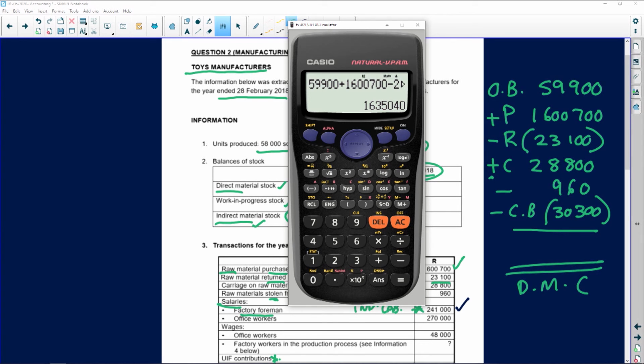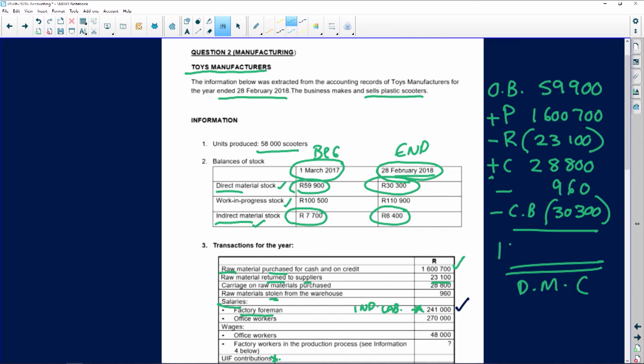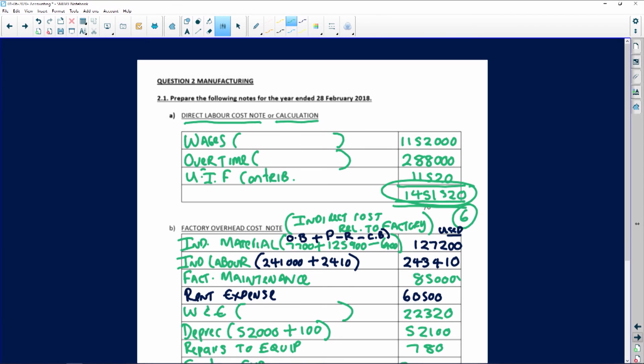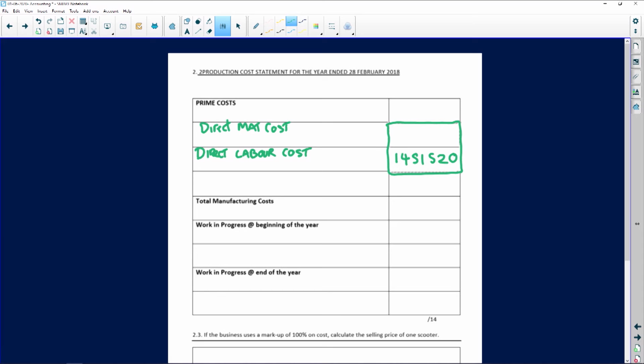And that's giving me a figure of 1,635,040. So let's just quickly write that down. 1,635,040. And obviously, we're taking that through to our production cost statement.